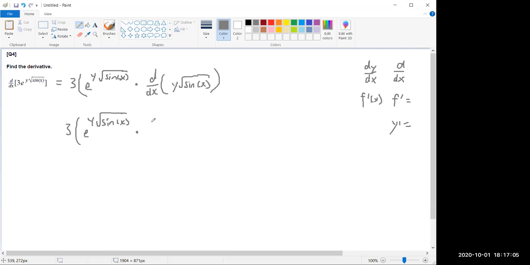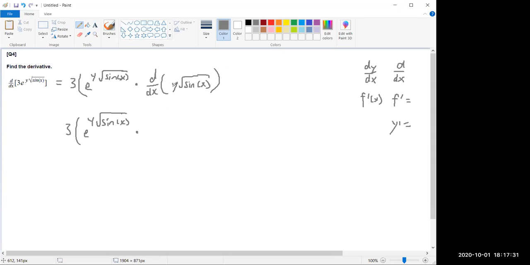Product rule says, first we can take the derivative of y. Because this is d dx, right? The question says to take the derivative with respect to x. That means that x is a variable and every other letter is a constant.